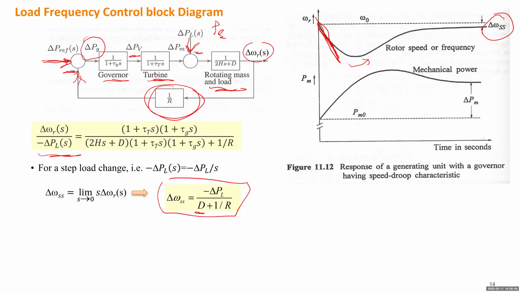Because if that delta omega increases, the feedback signal will be increased, right? Compared to the setup value, the valve opening will be increased. So then it will go in the opposite direction, trying to decrease that deviation. But the control value is proportionally depending on the variation.